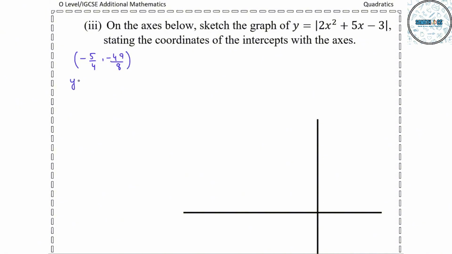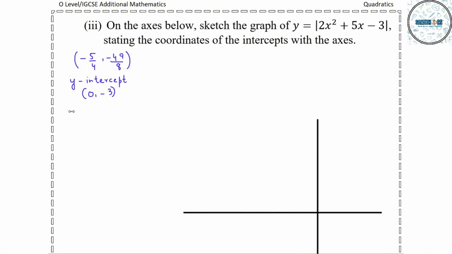For y-intercept, if we take x as 0, then we'll be left with minus 3. So the y-intercept is at 0, comma, minus 3.